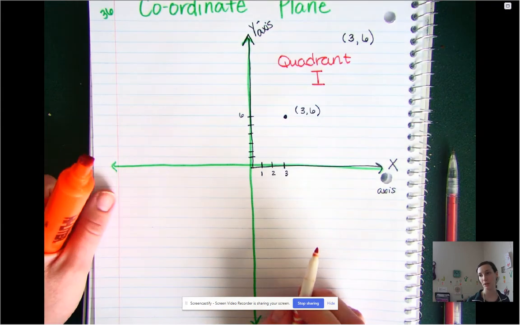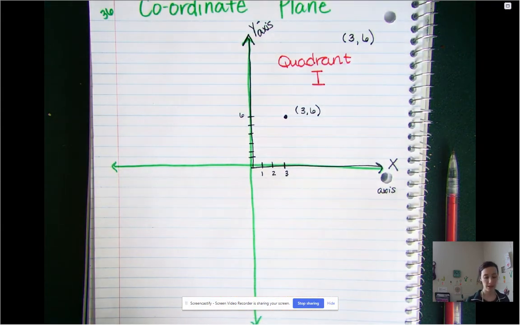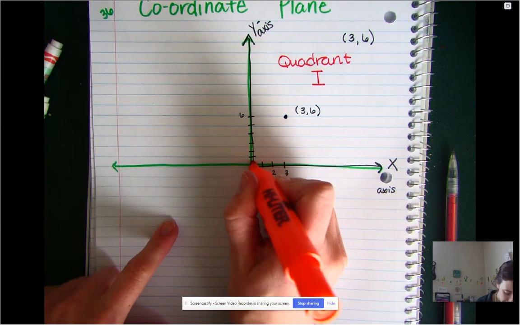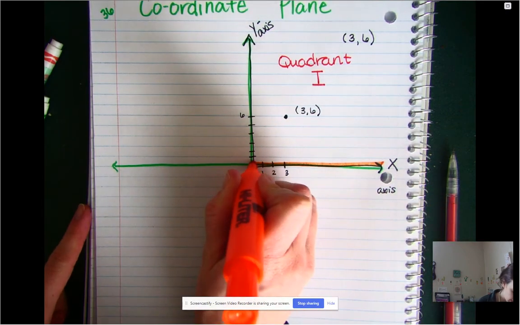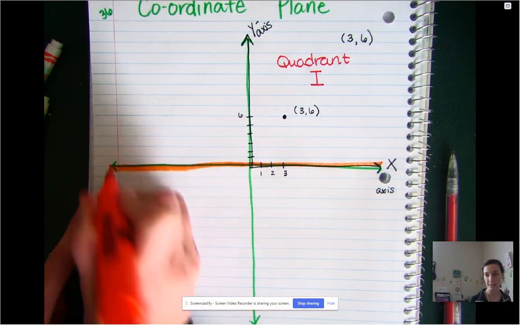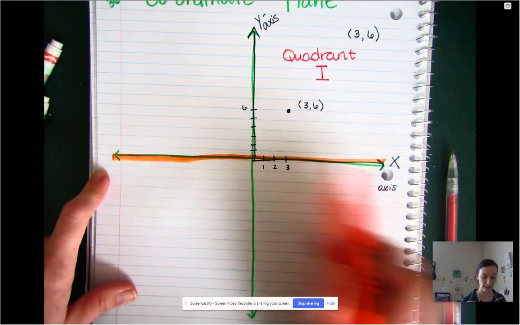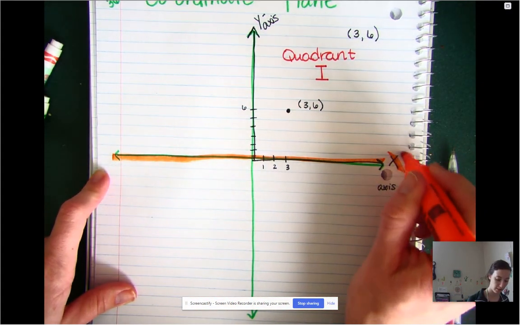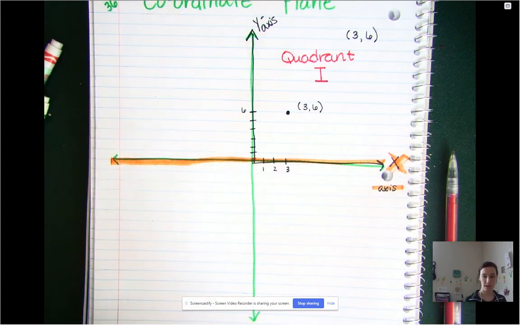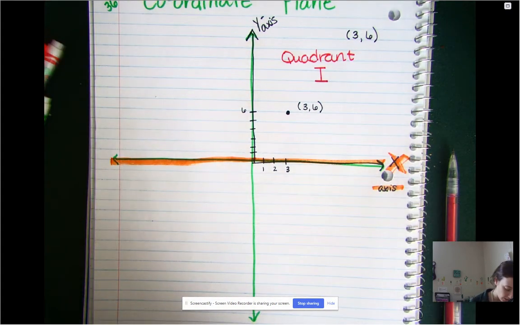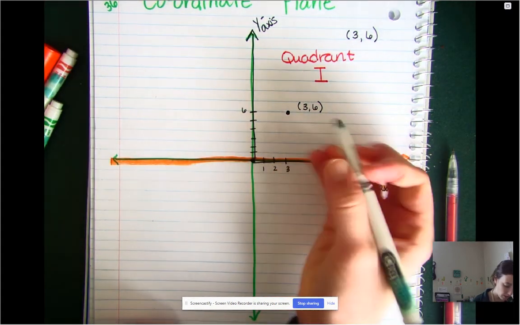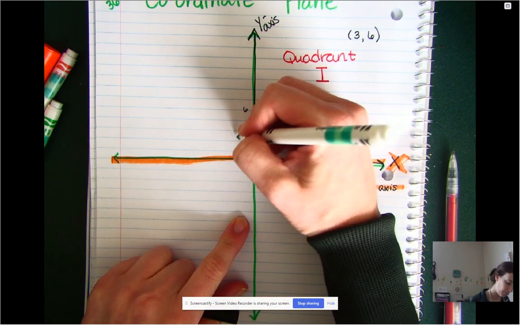Also, we write it in Roman numerals. But just like this line is the x-axis, this line is also the x-axis. So all the way across, this line is the x-axis. And in the center, we have a point we call the origin.